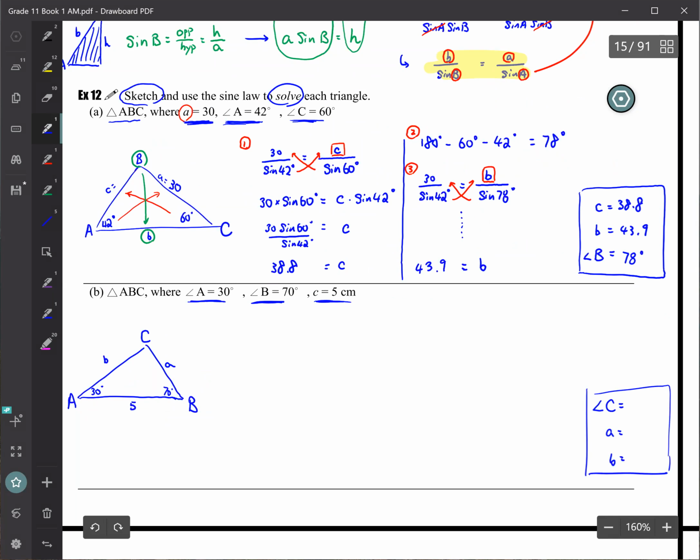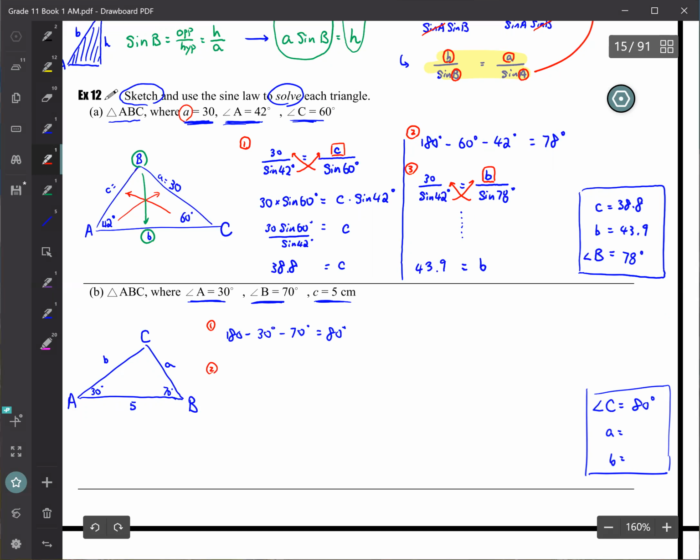So this time, we need to find the angle first, right? So angle C is 180 minus 30 minus 70. Eric, what do you get? 80. 80 degree, okay. So 80 degree is for our angle C. So we got that one done.